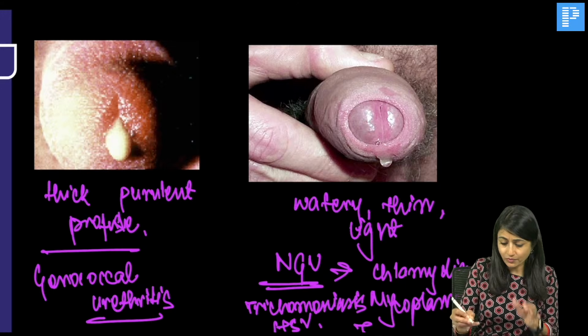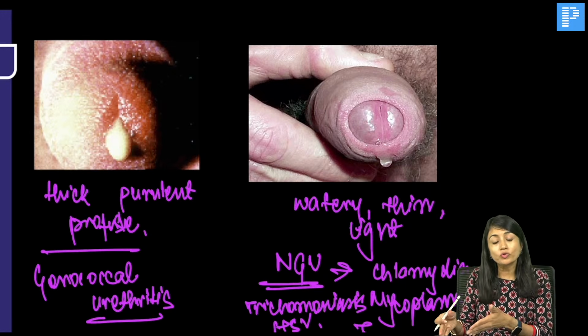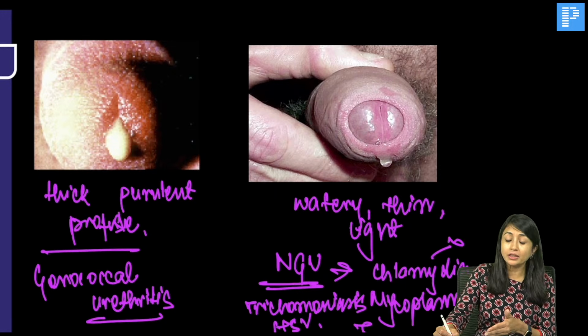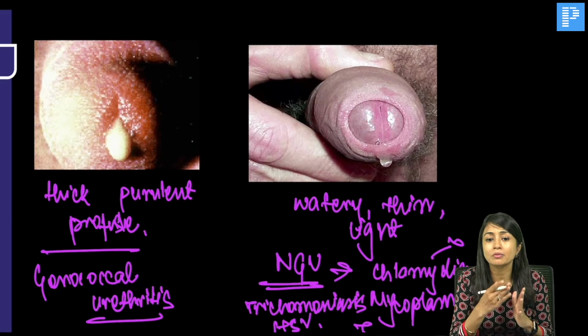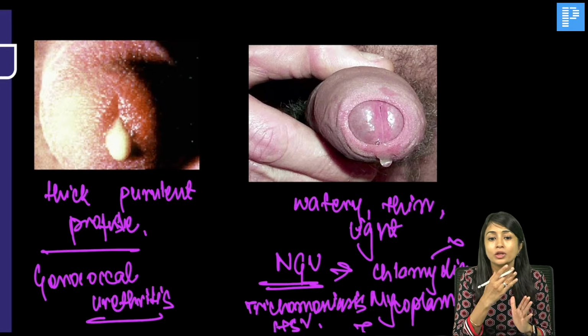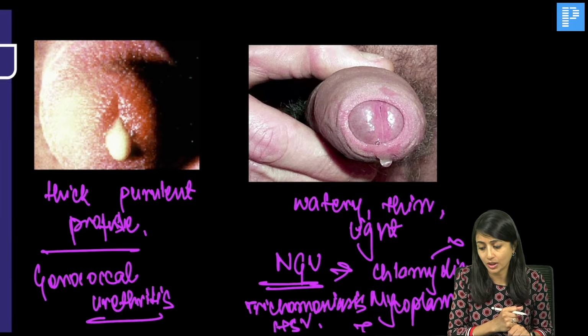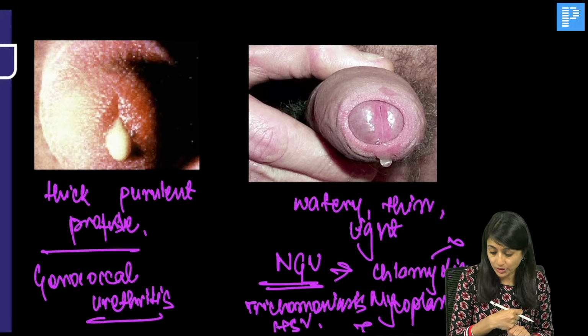So, now why is this important? Because once there was an image and you had to identify the organism, and even chlamydia was not given. So, you should know that NGU is not just caused by chlamydia, but also by mycoplasma, trichomoniasis, HSV and other organisms. Yes, even ureaplasma. Okay.